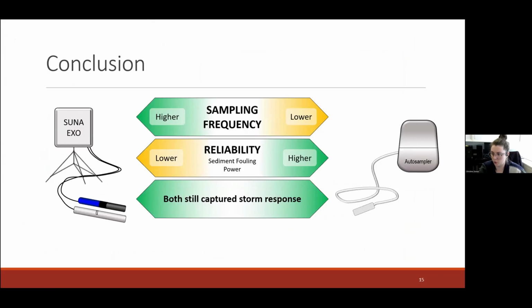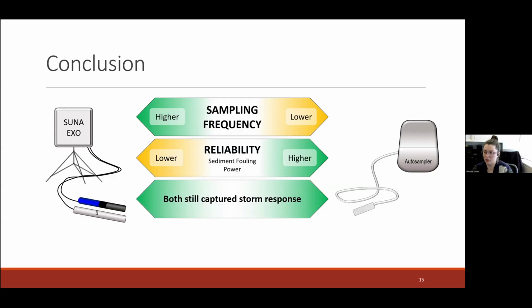The SUNA and EXO really benefited from having that higher frequency, but we had a lot of difficulty with sediment transport, and then our auto samplers were limited in the quantity that we could actually be taking, but they were a bit more reliable in the sense of not having such an issue with sediment. But of course, it was a lot more difficult to collect, but then the data didn't need as much cleaning.